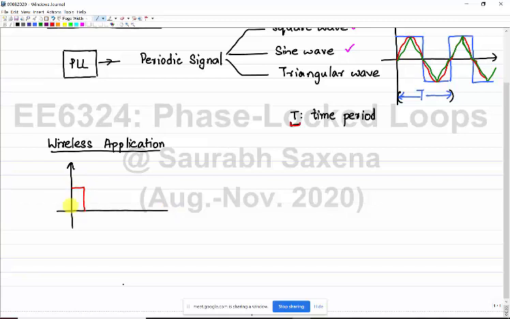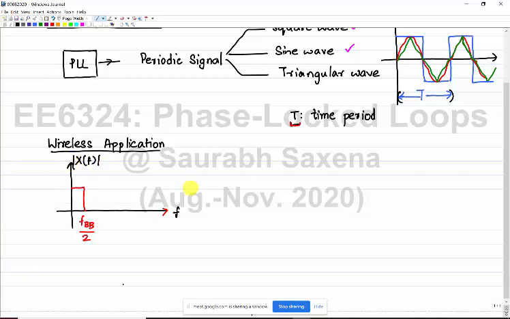A baseband signal means this is our actual information. I can say its bandwidth is FPB by 2, let us say, in the frequency domain. So this is our input signal X of F. I am just showing you in the frequency domain.